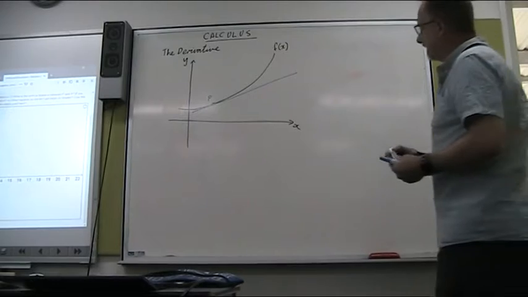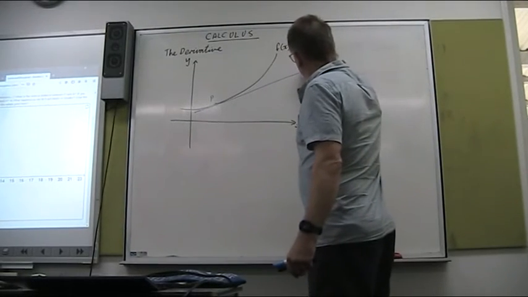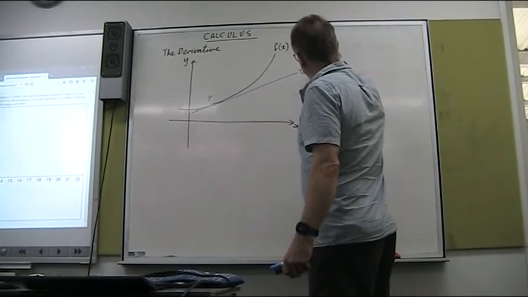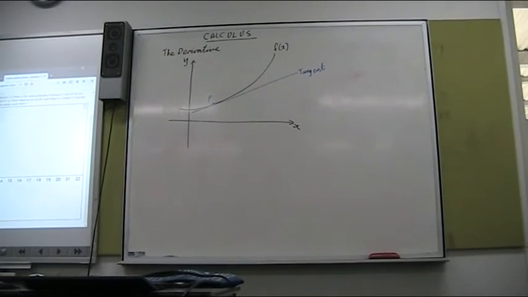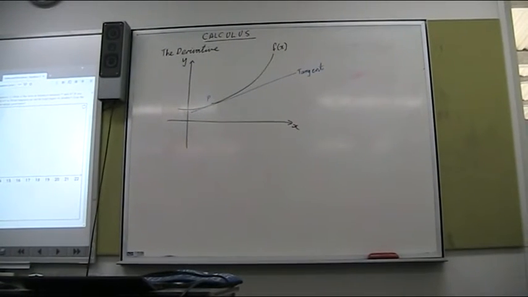So this blue line here would be what we call our tangent. How can we figure out the gradient of that tangent?